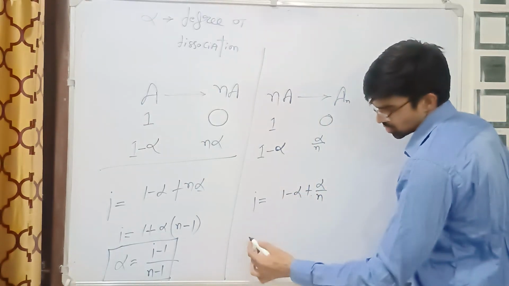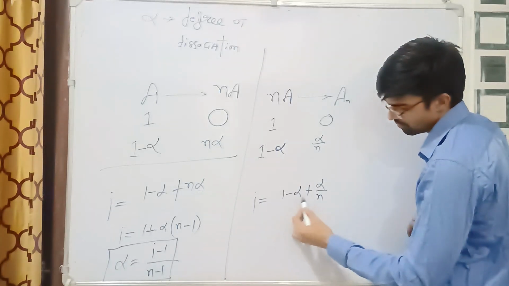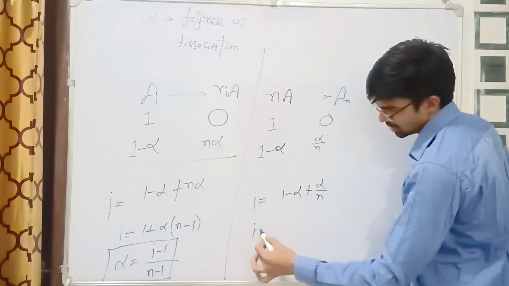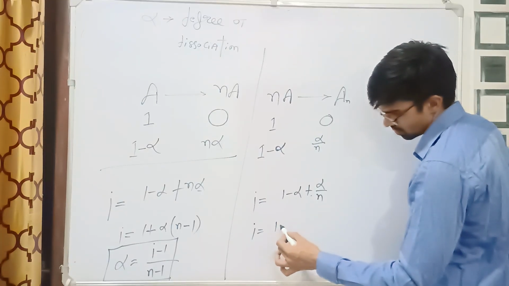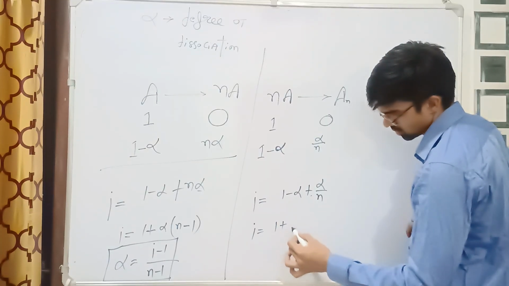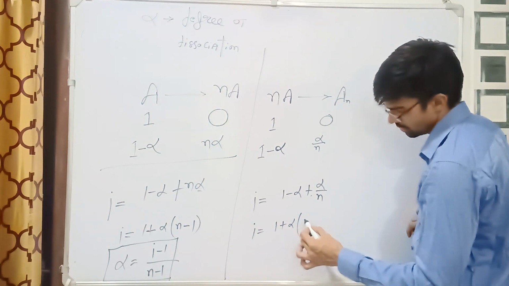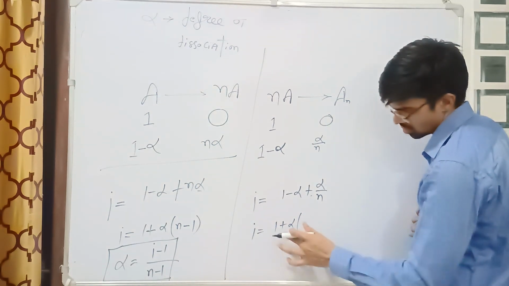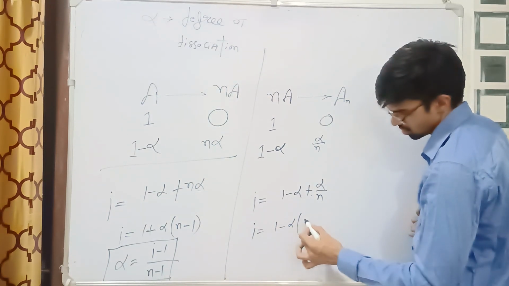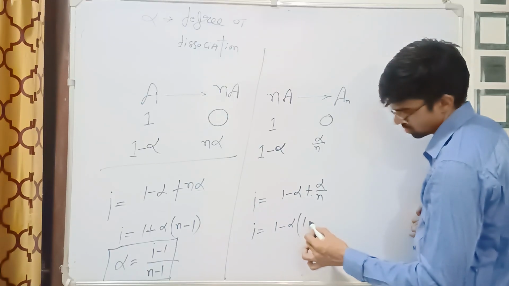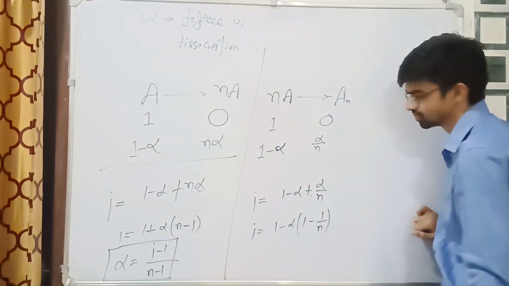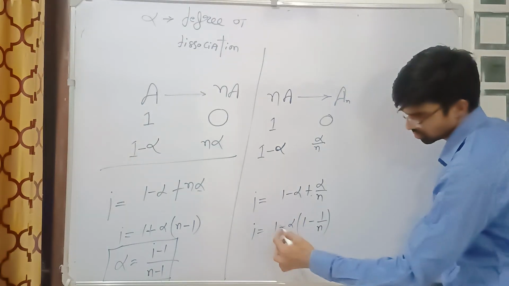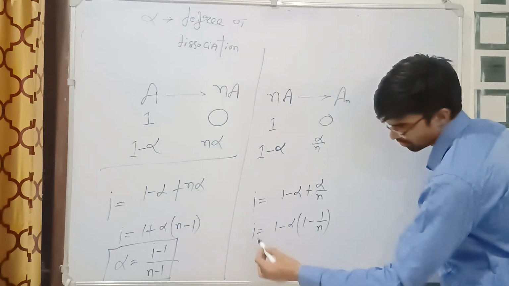So from this solution, if we take alpha as common, i is equal to 1 plus alpha, or minus 1 minus 1 by n. So this will become i minus 1.